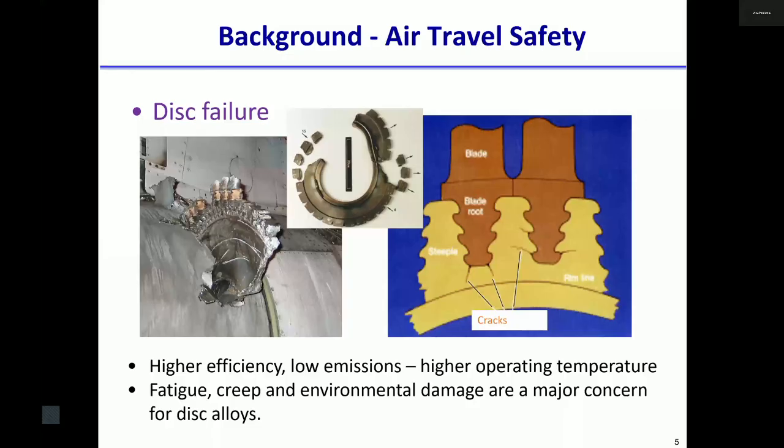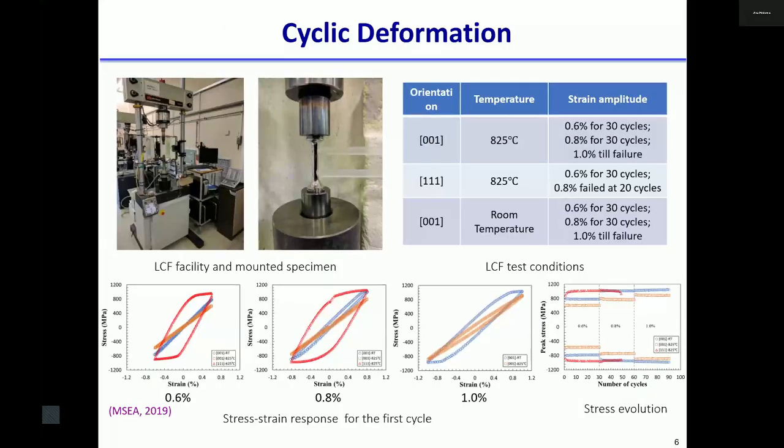Because of the stress concentration features, they can lead to crack initiation and propagation, and then eventually disk failure. During working conditions, we also have to consider fatigue, creep, and environmental damage as well.